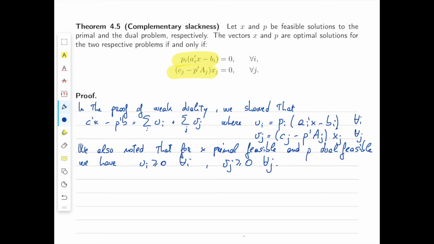First, assume that x and p are optimal. So if x and p are optimal, then we know by strong duality that their costs coincide.